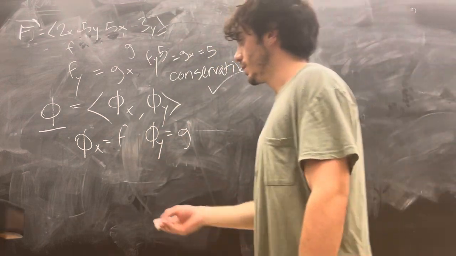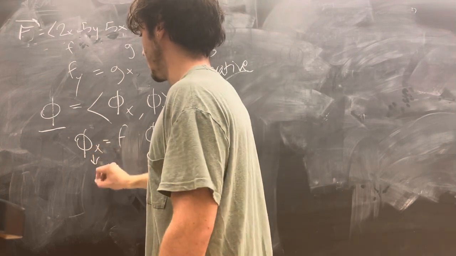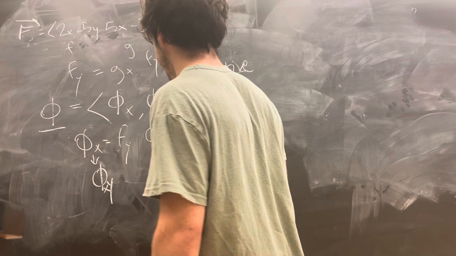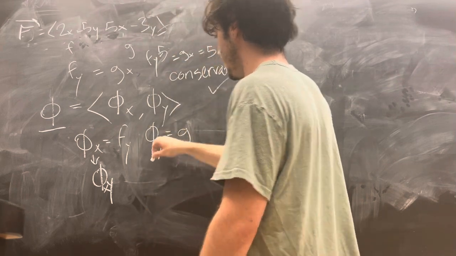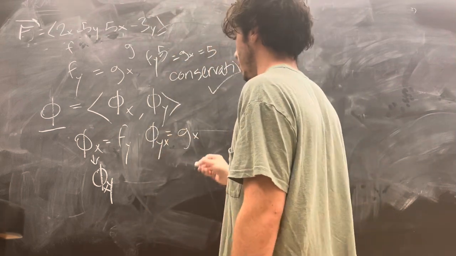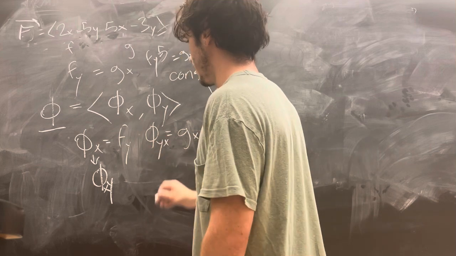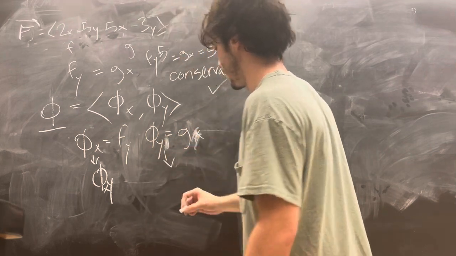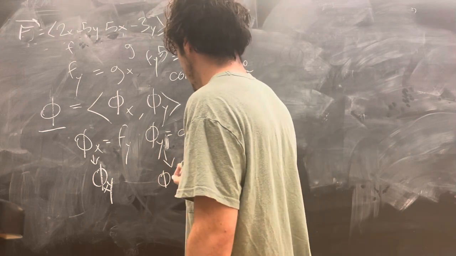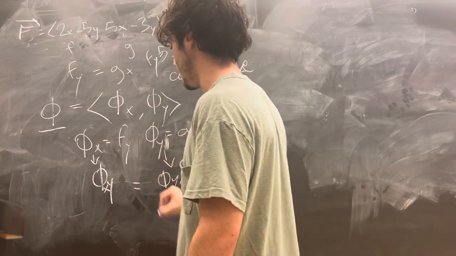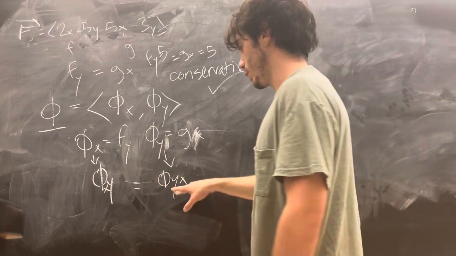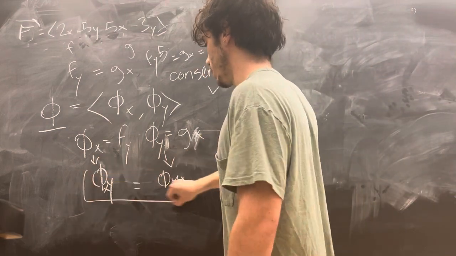And if we take the partial with respect to y of this, which is what we've done with f, and the partial of this with respect to x, which is what we've done with g, then we have, sorry, that's kind of bad notation, but we know that these must be equal, because if you recall about second partial derivatives, even if you switch the variables here, these will always be equal.